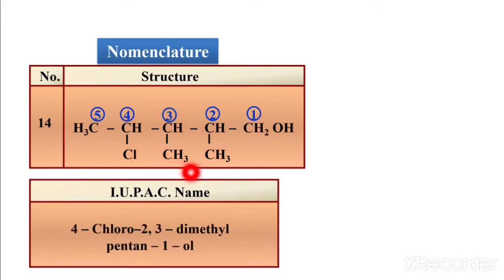Again alphabetical order. Here two substituents, one is chlorine and other is methyl, and according to IUPAC rule, if more than one substituent is present, then Cl and CH3, here Cl will come first according to alphabetical order, therefore 4-chloro, and at 2 and 3 there is a methyl group, therefore 2,3-dimethyl pentane, because 5 carbon therefore pentane, 1-ol.